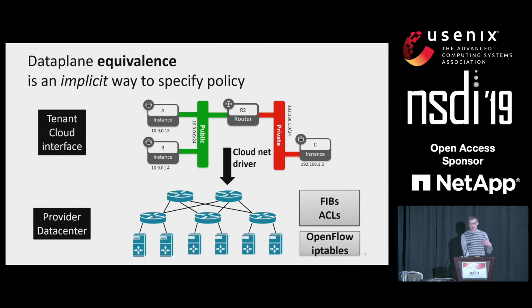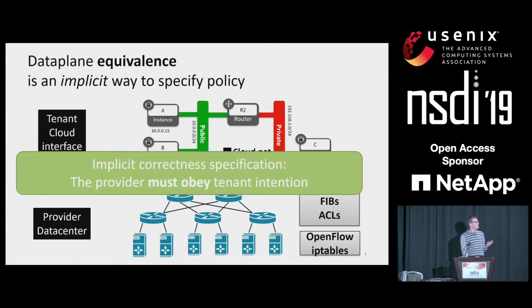What happens behind the scenes is that there is a network driver which will translate from this abstract view of the network into concrete FIBs, ACLs, OpenFlow rules, iptables rules, and so on. And it will insert these rules into the devices in the provider's data center. A very simple correctness specification in this case is that the provider must obey whatever the tenant had intended.